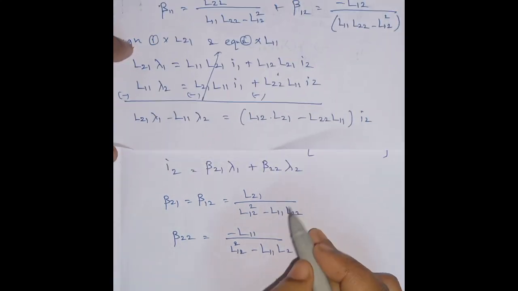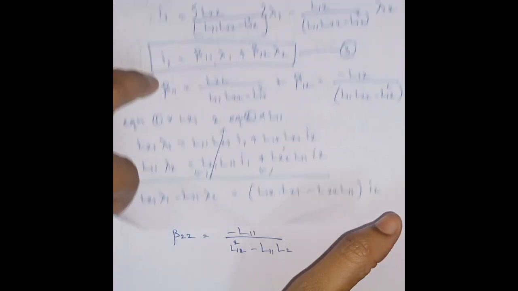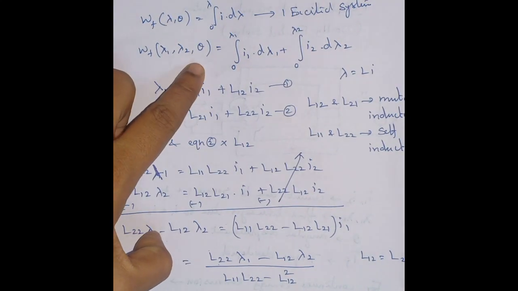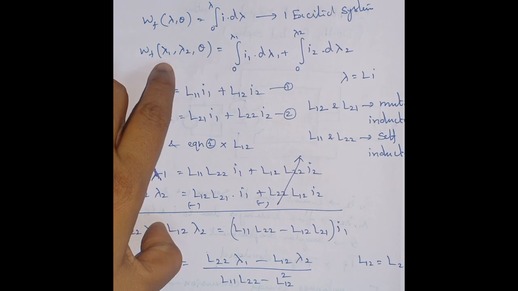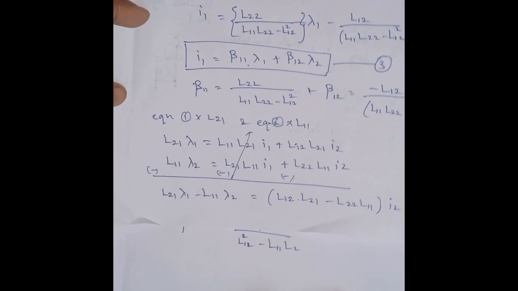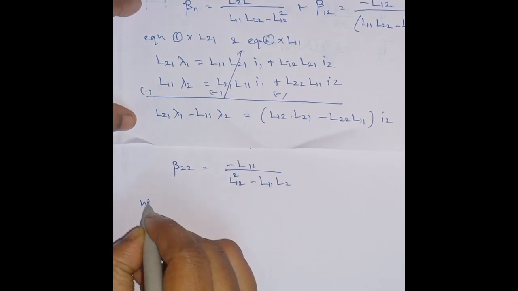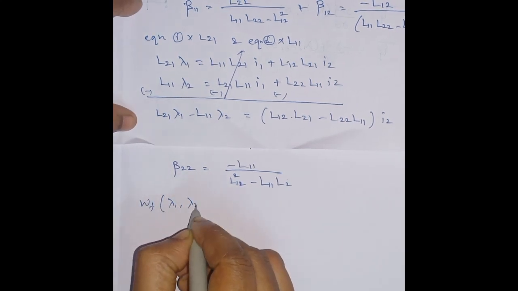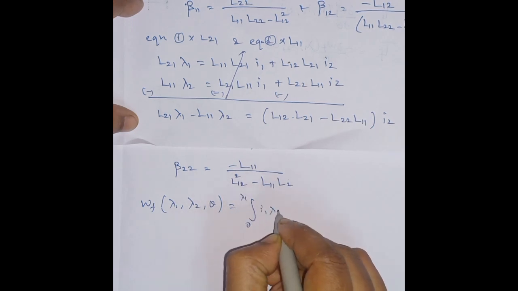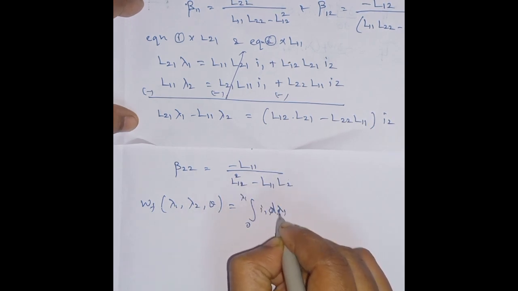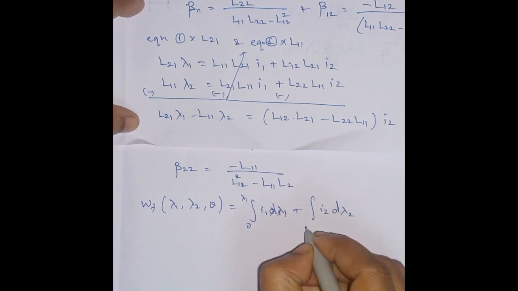Now we can substitute I2 and I1 as functions of lambda 1 and lambda 2 in this equation. The integration is the valuable one, so I'll substitute. So what we get here is W of lambda 1, lambda 2, theta is equal to the integration from 0 to lambda 1 of I1 d lambda 1, plus the integration from 0 to lambda 2 of I2 d lambda 2.